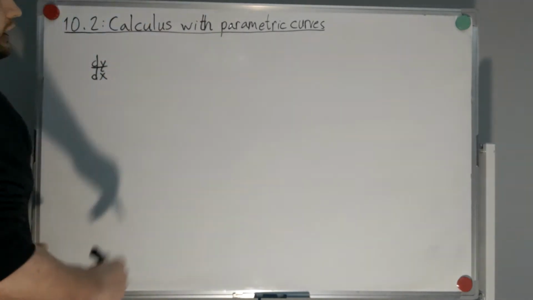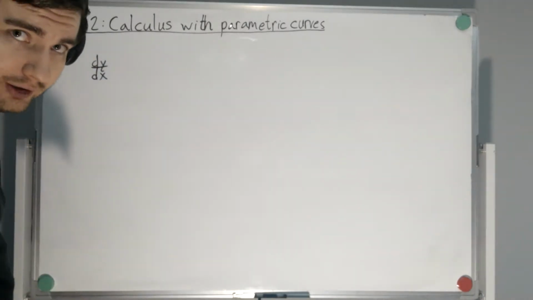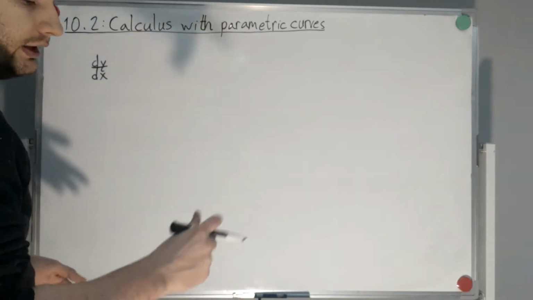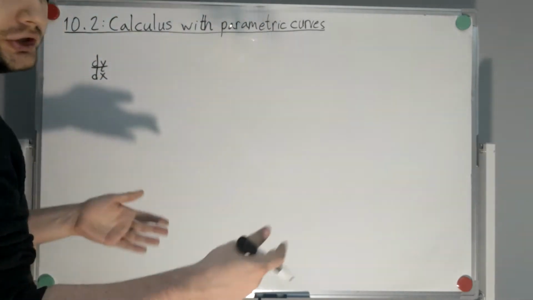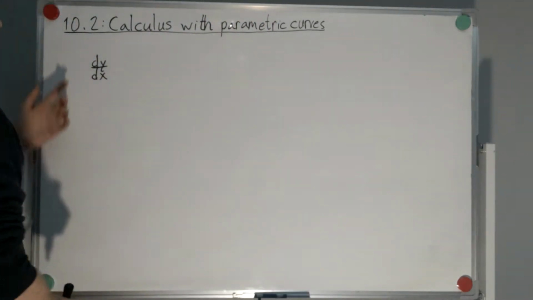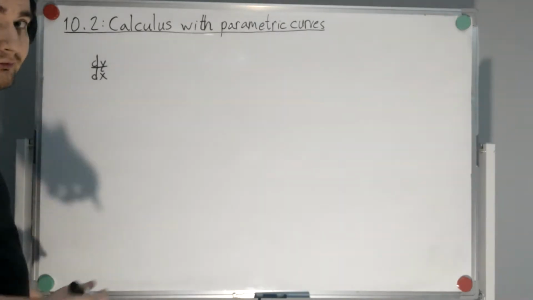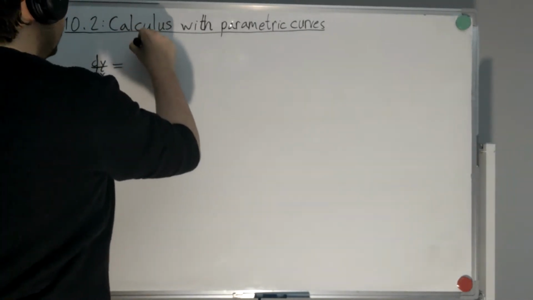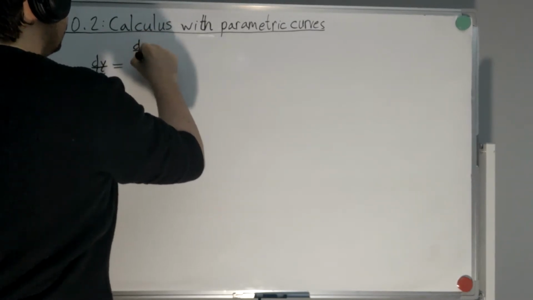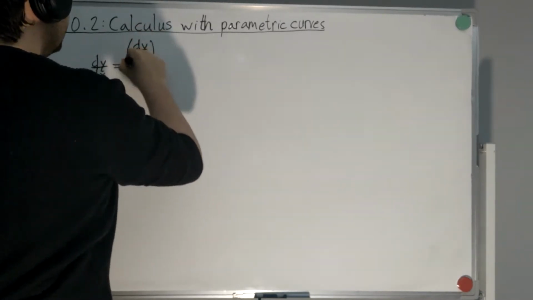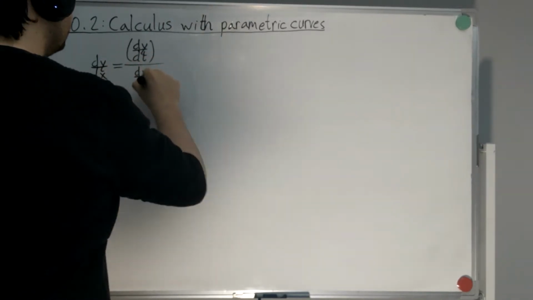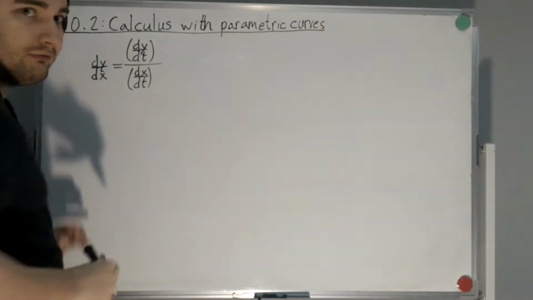So, in the case where you have a parametric curve, what you've got going on is x as a function of t and y as a function of t. So how do you compute dy/dx? Well, it's quite simple. All you have to do is take dy/dt, the derivative of y with respect to t, and divide that by dx/dt.